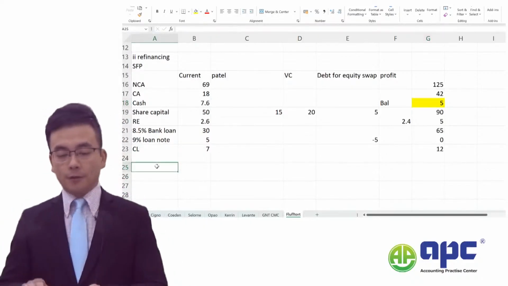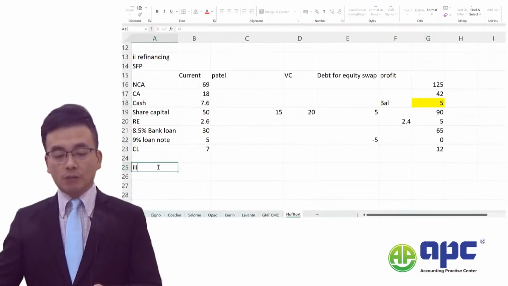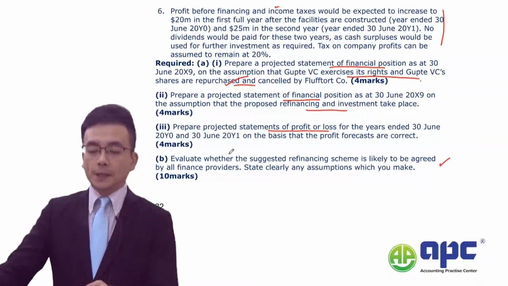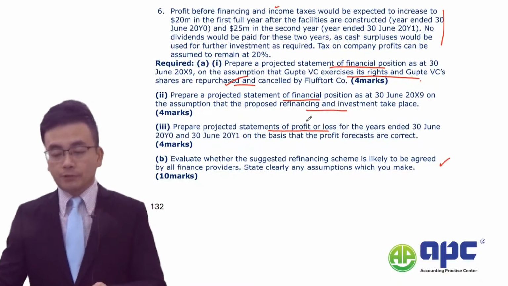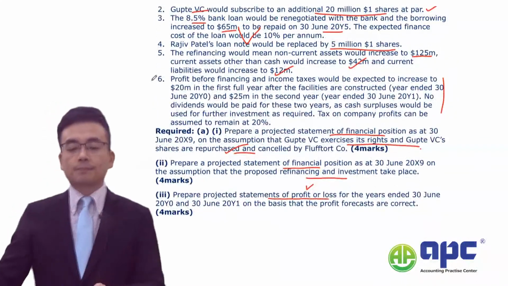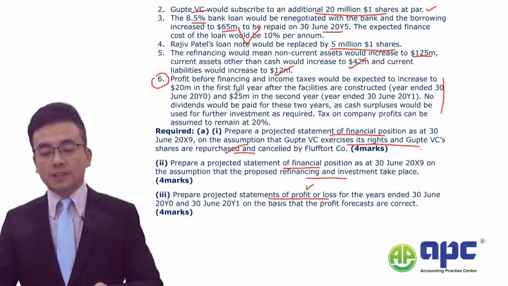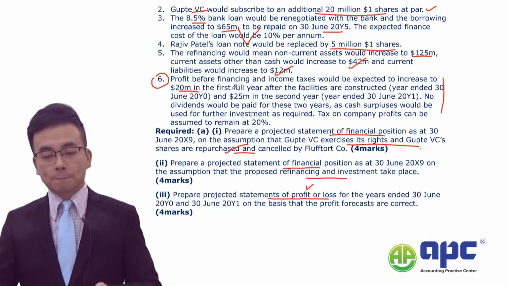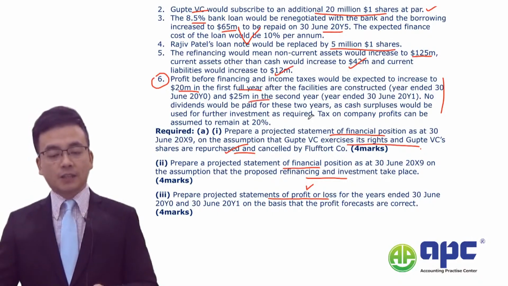Now, how about part 3, where we're required to prepare the P&L on the basis that the profit forecasts are correct. If you look at point 6, the profit before financing income taxes increases to 20 in the first full year and 25 in the second year, and the tax rate is 20%.